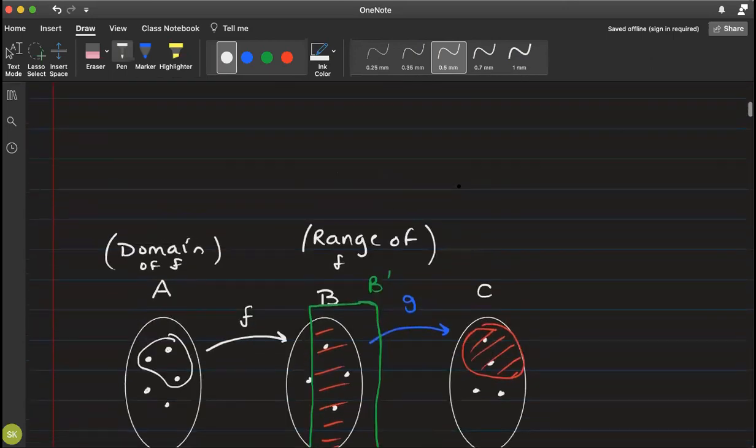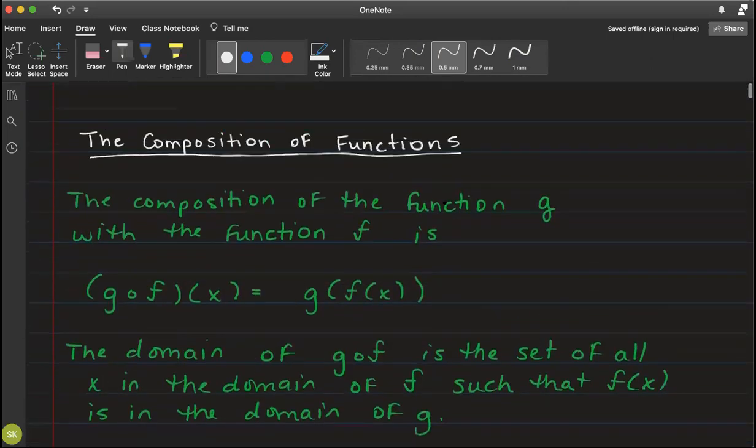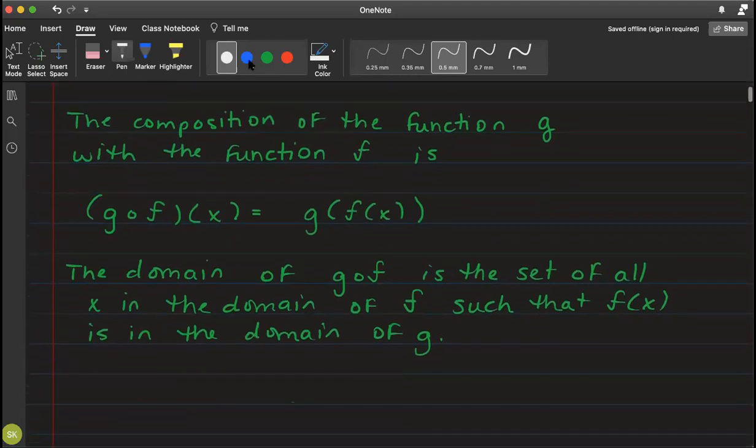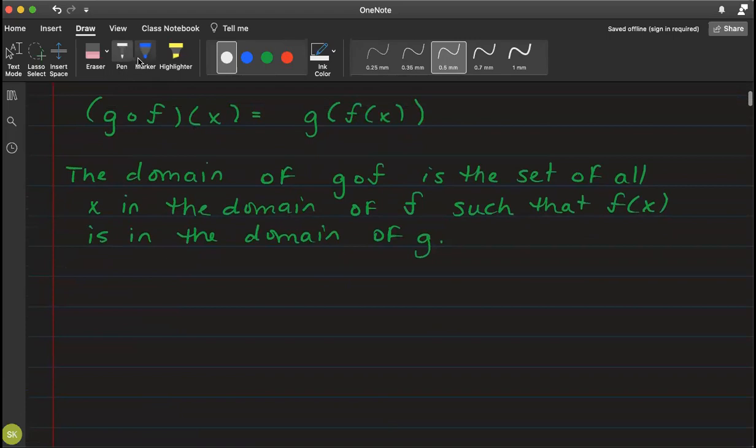Something else I want to mention is we can also talk about not only g composed of f, but we could say f composed of g, or f composed of f, or g composed of g. So let me write that information right here. We can talk about not only g composed of f of x, which we have defined here.